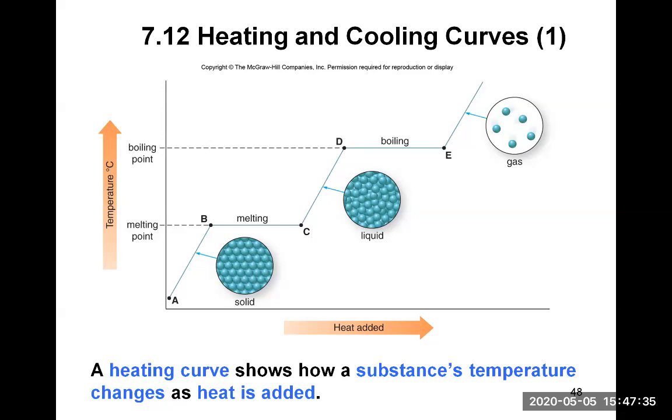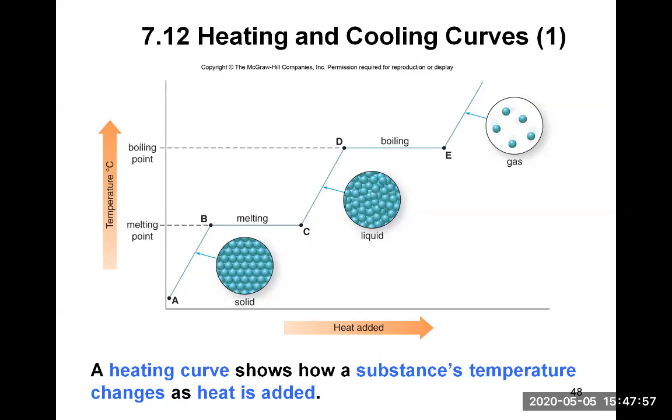So from B to C, when you are at the melting point, the solid is becoming a liquid. And all the time that you're having this process, the temperature cannot increase because the heat is used solely to change the solid into a liquid.